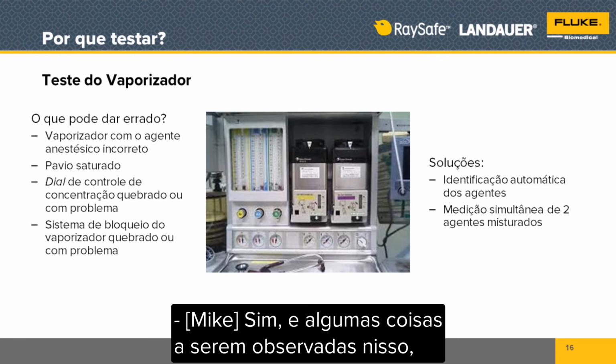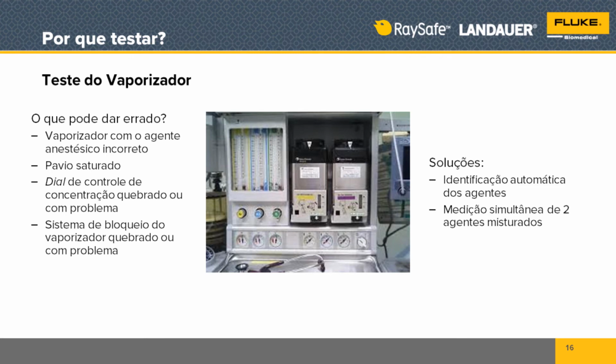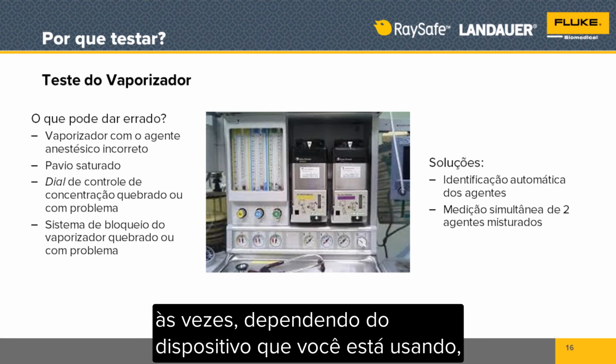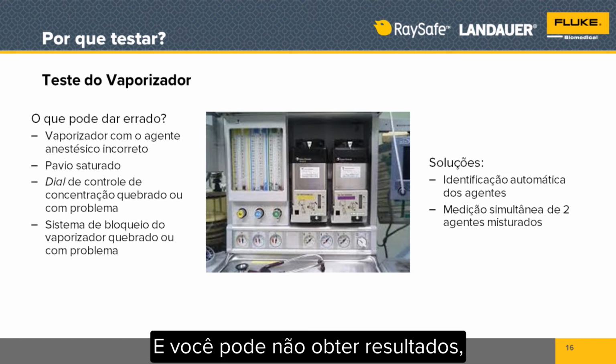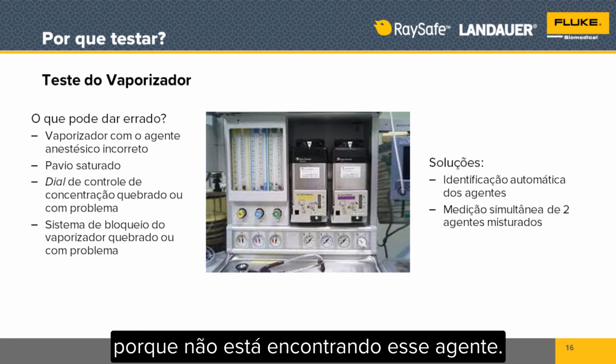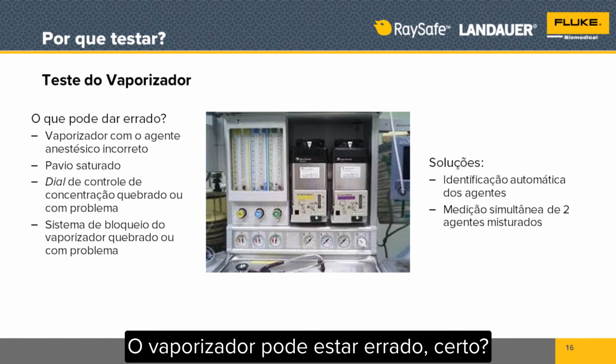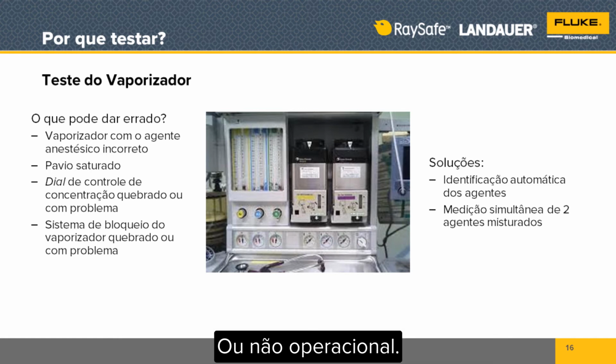Yeah, and some things to just note on that, with the agent identification, sometimes depending on what device you're using, you might have to tell it what to look for, and you might get no results because it's not finding that agent. The vaporizer might be misfilled, right, or non-operational.